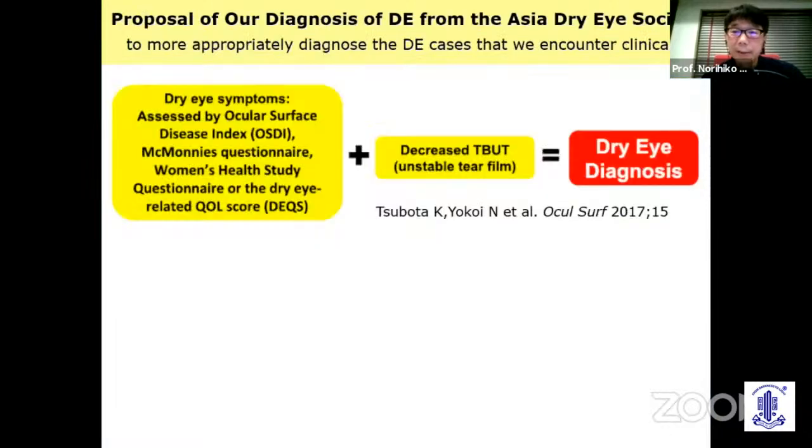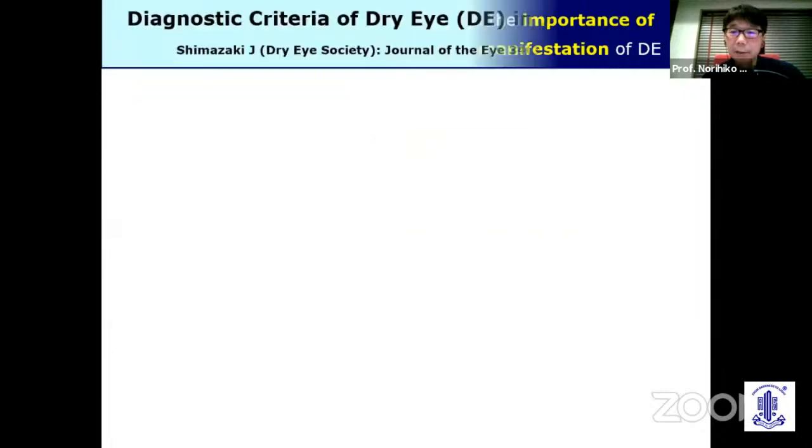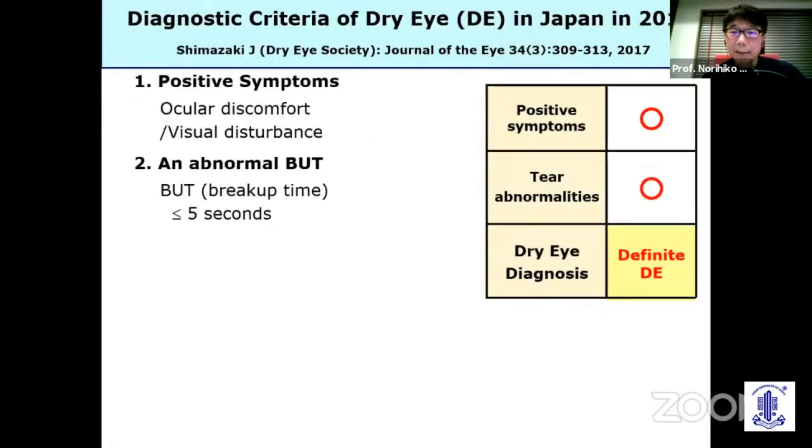Together with our definition of dry eye, we proposed our diagnosis of dry eye from the Asia Dry Eye Society to more appropriately diagnose the dry eye cases that we encounter clinically. In the diagnosis, we emphasized again the importance of unstable tear film as a visible core manifestation of dry eye. Based on this definition, we established the diagnostic criteria for dry eye in Japan in 2016.